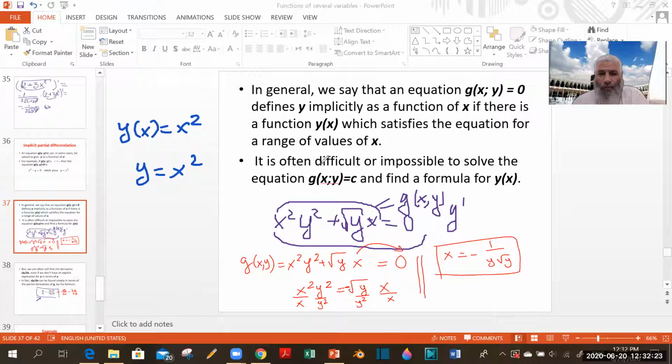So it is often difficult or impossible to solve the equation g of x and y equals c and find a formula for y of x. And we wrote this yesterday. Let's see the example.